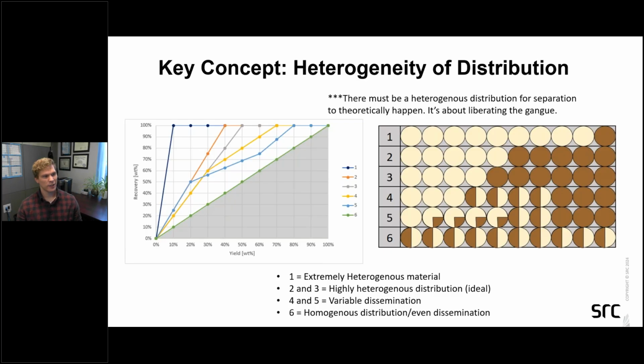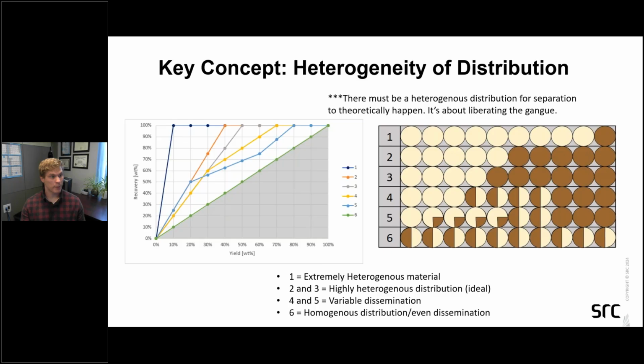But that can really vary depending on what the grade of your deposit is. So if we go down to 2 and 3, we have slightly more chocolate cookies. We have all chocolate cookies and all non-chocolate cookies, really easy to separate. But then maybe our variety pack has half and half chocolate cookies, full chocolate cookies, and just regular ones. So that distribution becomes a little less efficient.